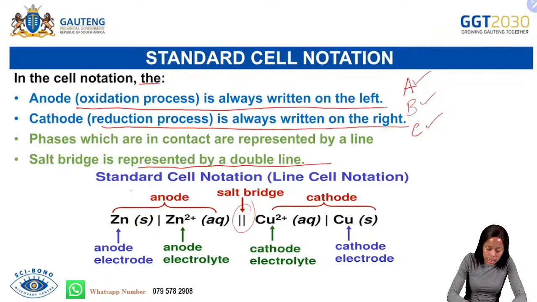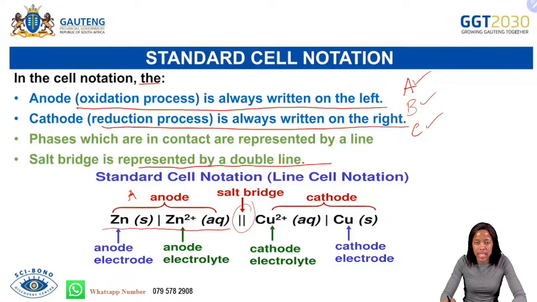The anode or the oxidation process, where is it written in terms of the cell notation? It's written on the left-hand side. So again, cell notation, it's as easy as ABC. Whereby A represents the anode. And then B, the same as this B here, is the bridge or the salt bridge there.